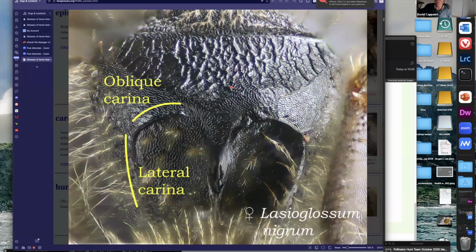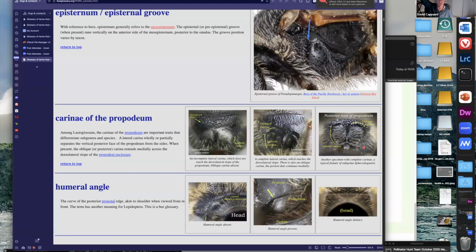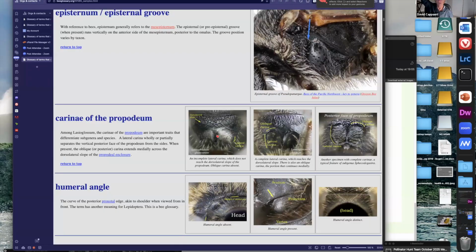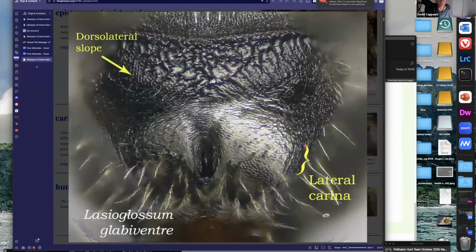You want to see it big, so any of these images you can magnify them, and you want to see it as clear as you can that here is the carina that we're talking about, and there's an oblique one and there's a lateral one, and then we can look at a different one here where this is very complete all the way around, and here's one where the lateral carina is very indistinct.